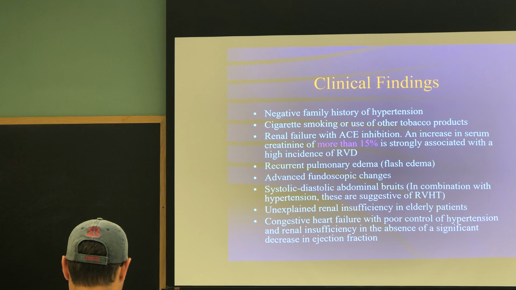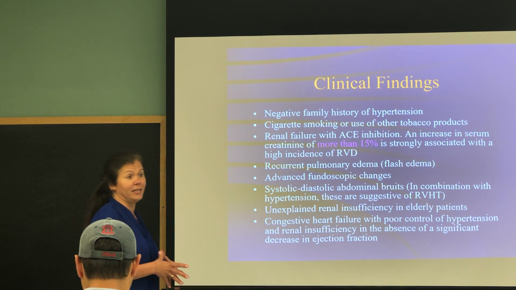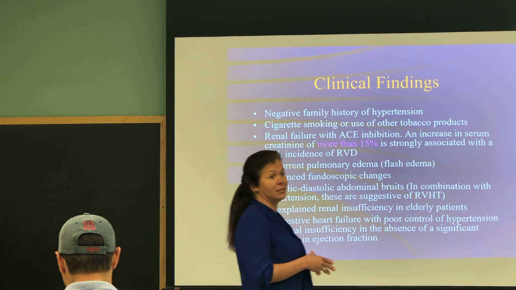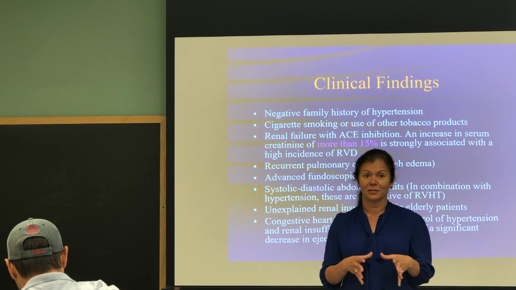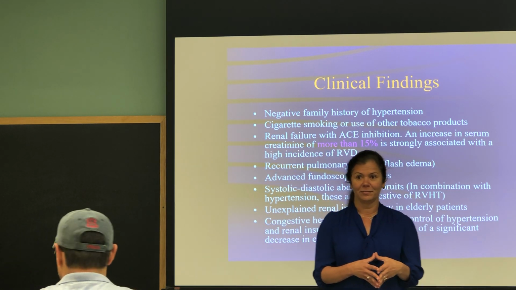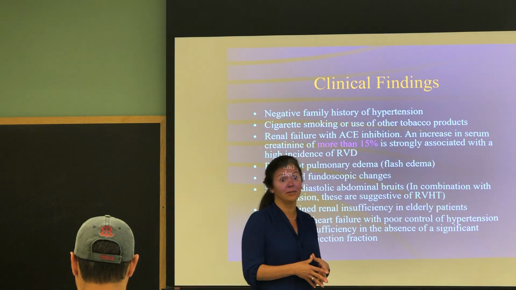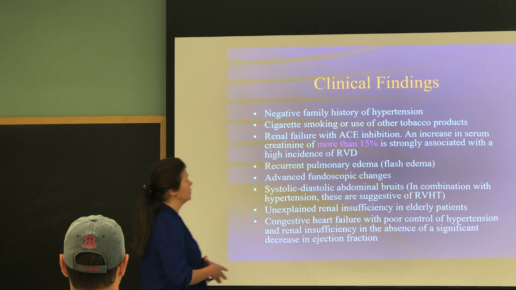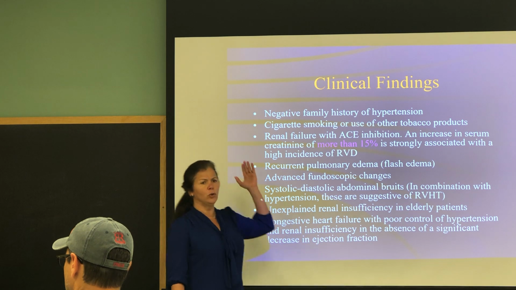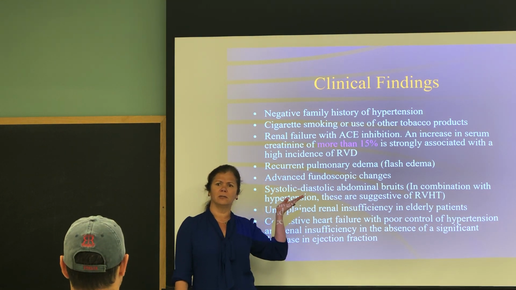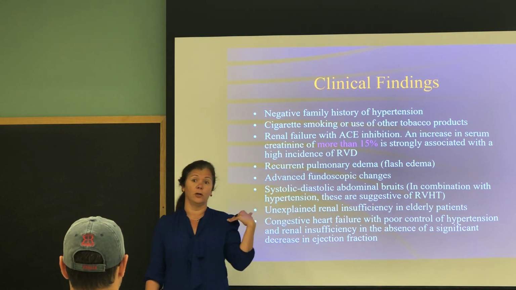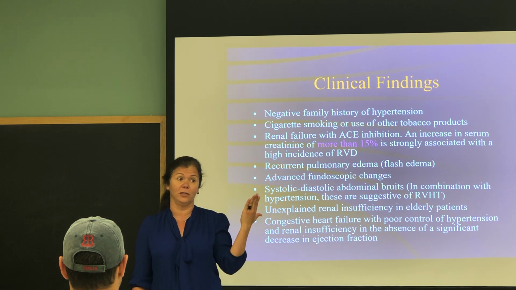In addition to that, even though this is not a disease process that you will think of right at the beginning, unfortunately it's one of the diagnoses of exclusion, these patients have no family history of hypertension. For example, my father died at an early age of an MI, but he had hypertension.